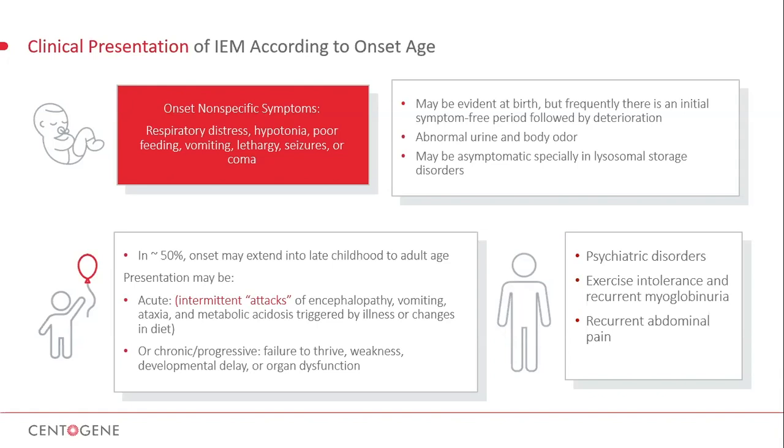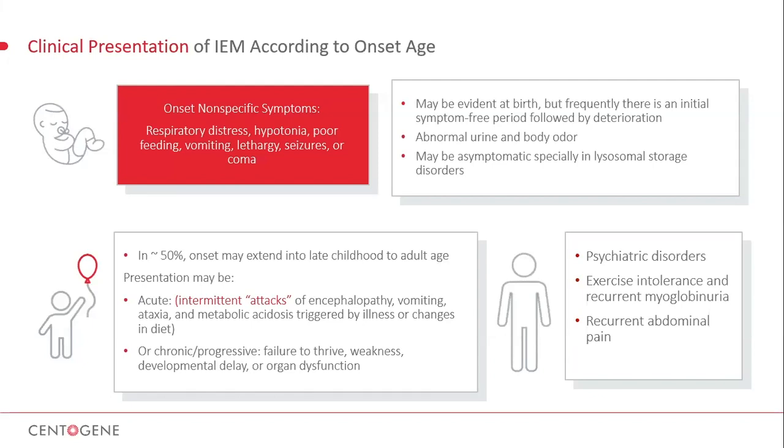About 50% of the inherited metabolic disorders won't present in such early stages of life, but rather in late childhood or in the adult age. Here we can have some acute presentations in the form of metabolic attacks, or some chronic presentations, maybe in the form of developmental delay or organ dysfunction.